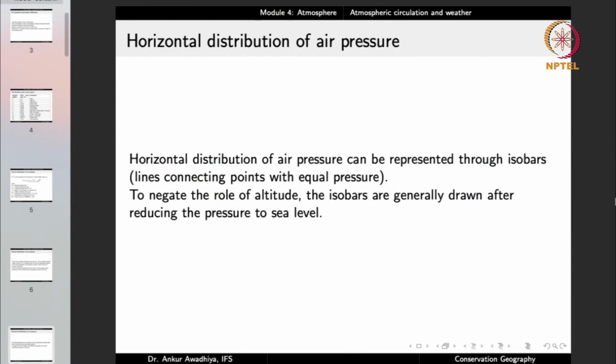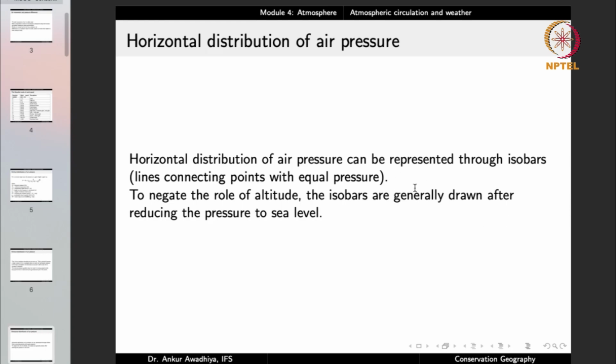So intuitively, if we disregarded gravity, we would have expected a strong wind moving from ground level upwards, but because of gravity this does not happen. What happens is a horizontal distribution of air pressure resulting in winds. So we do not find a lot of vertical winds, but we find a lot of horizontal winds.